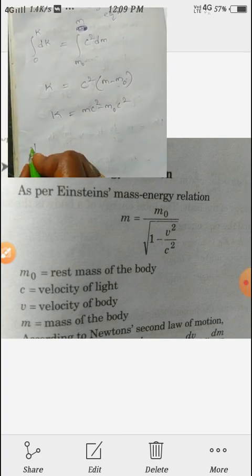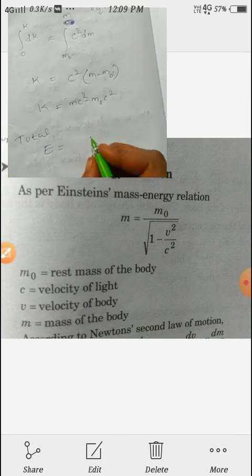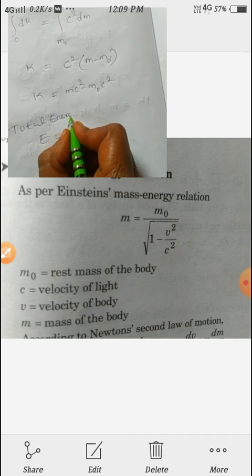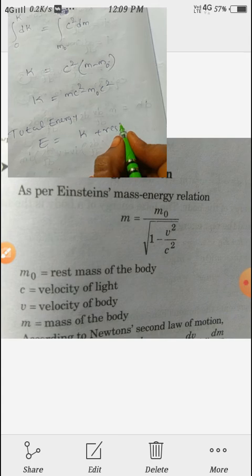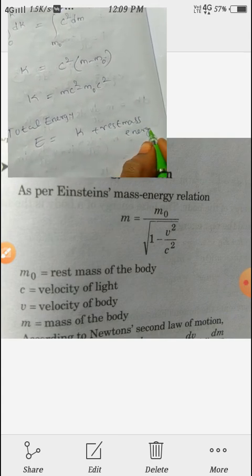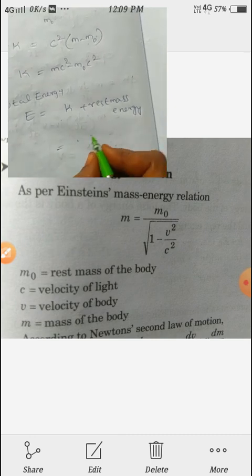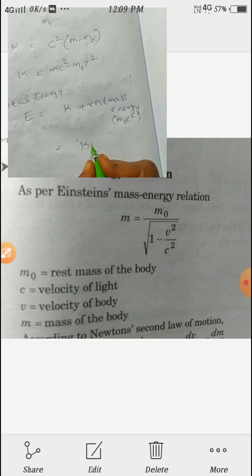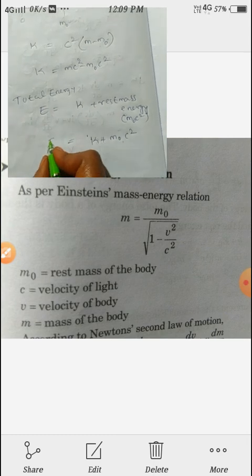So the total energy means kinetic energy plus rest mass energy. The rest mass energy is m naught c square, so k plus m naught c square is the total energy.